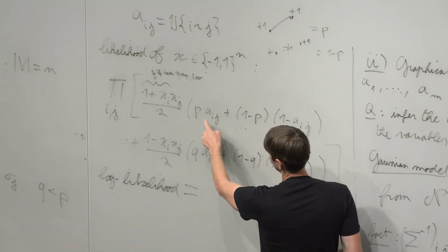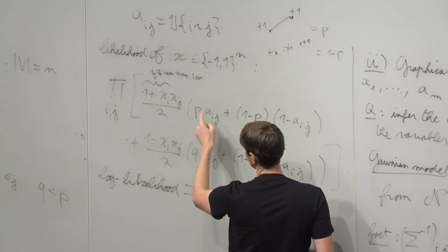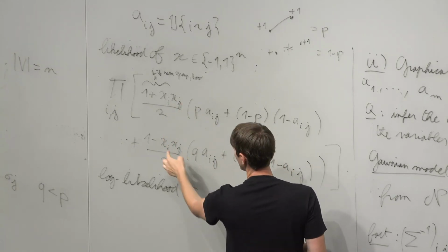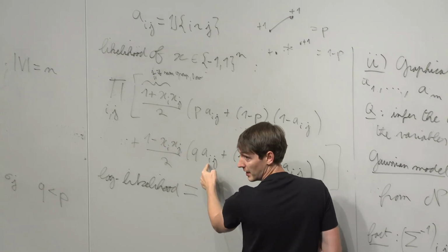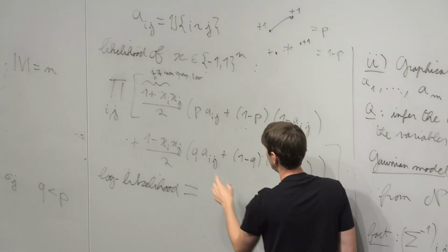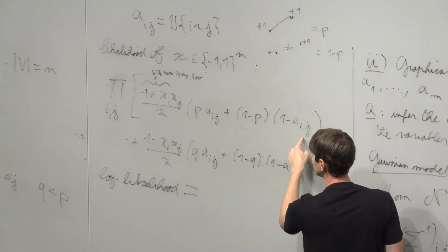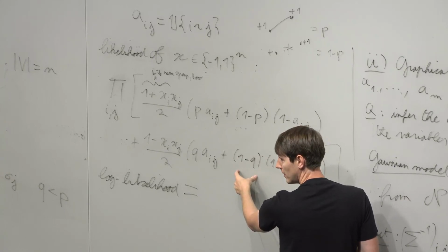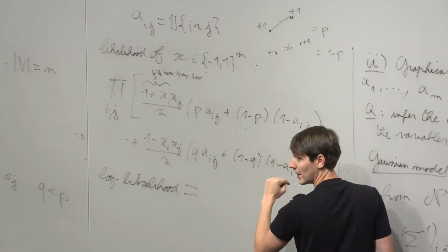So what do you see? You see that you have the xi xj times aij, and here you have minus xi xj times aij. So you have a p minus q times xi xj. And in front of the 1 minus aij, you have the same thing with 1 minus p, 1 minus q, which is exactly minus p minus q.